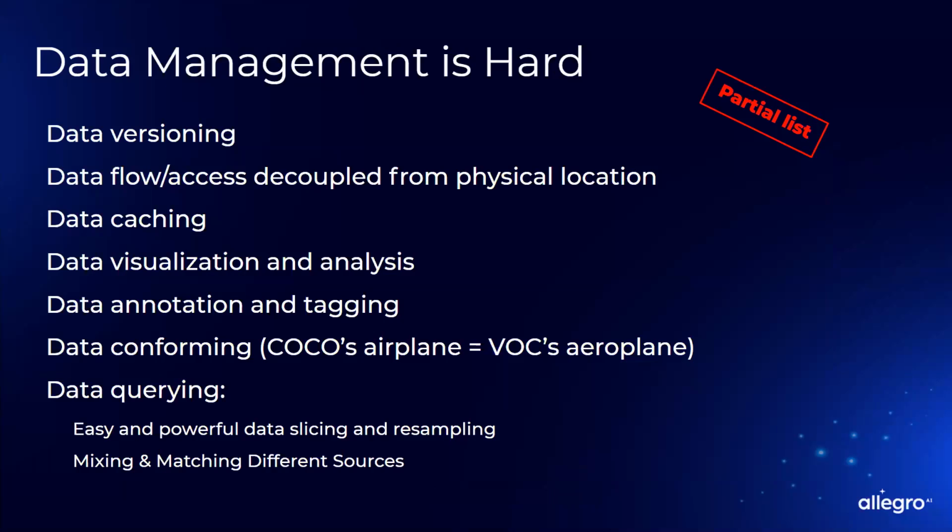You don't have a physical hard drive where the data is that you have to access. And it helps you from losing data. Data caching means that when you're training, your machines will already have the data set on them, so you don't have to download it. And that costs a lot of time accumulatively. You need some way to do what we used to call exploratory data analysis, but now we just say data visualization. You need some data annotation and tagging.